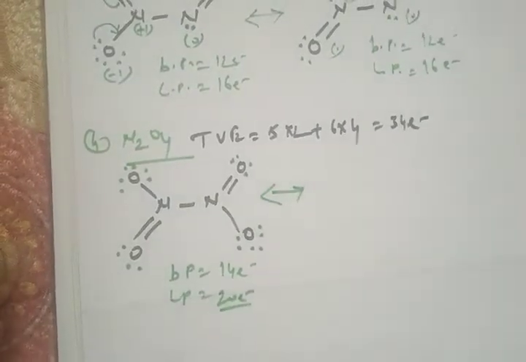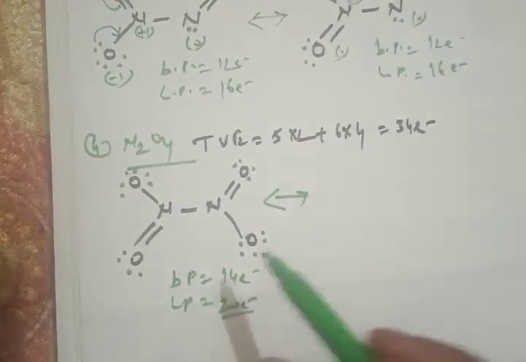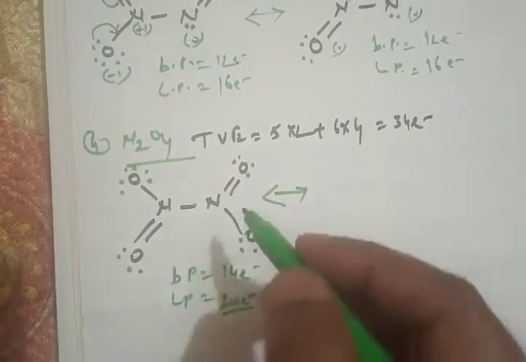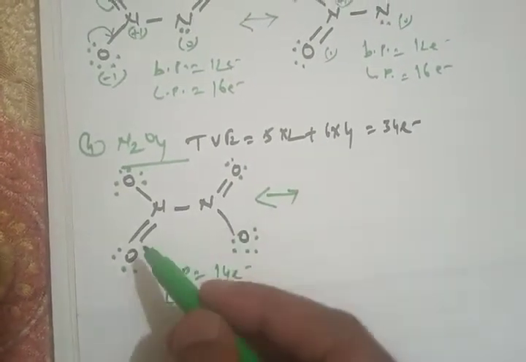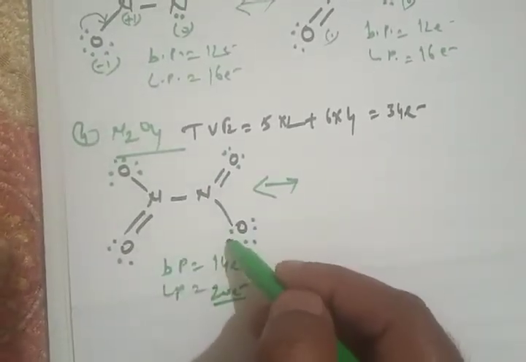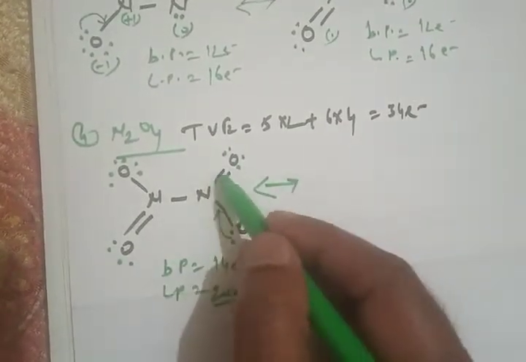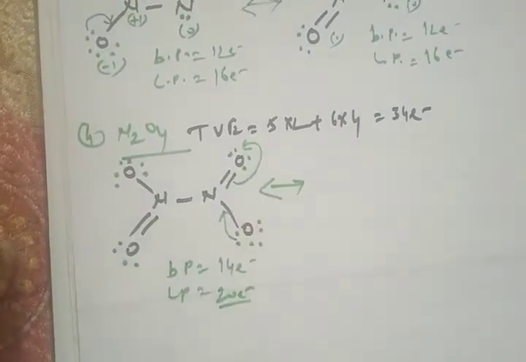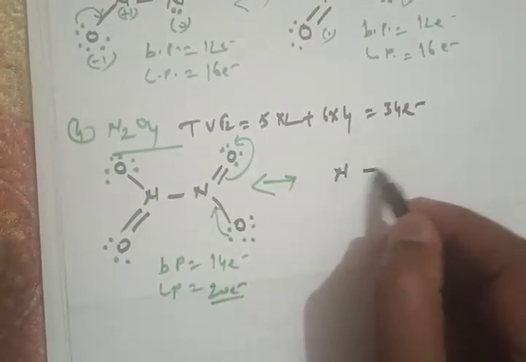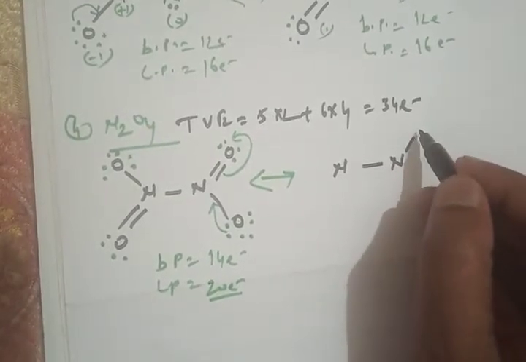So any of these, like we can go for this also, so this or this, any one you can go for. Like in this case if we go for this, this will happen like this. So the structure, nitrogen with nitrogen, now this.